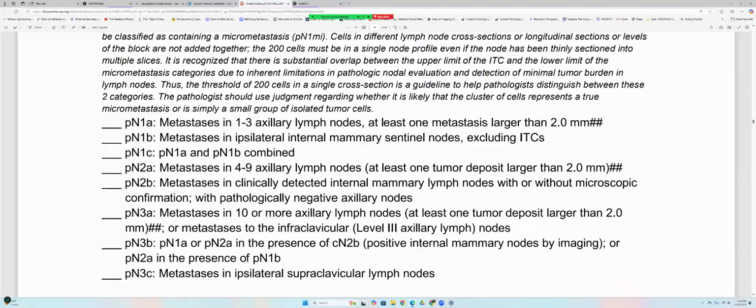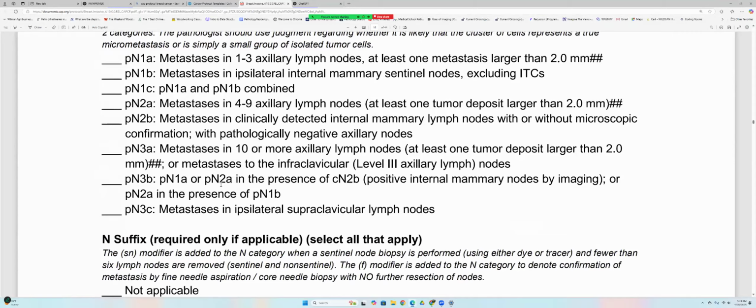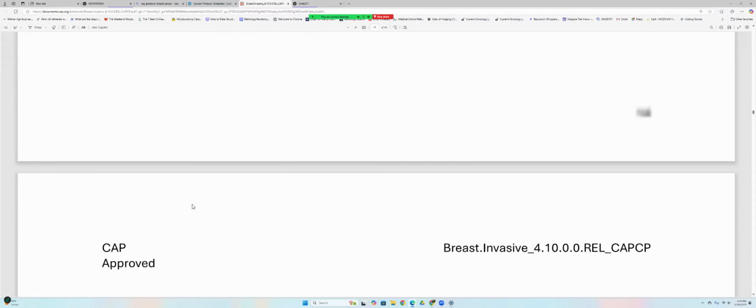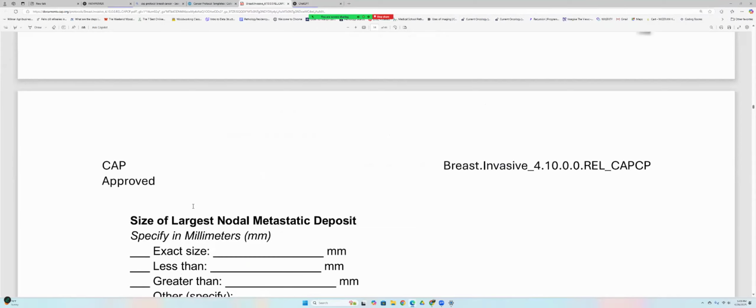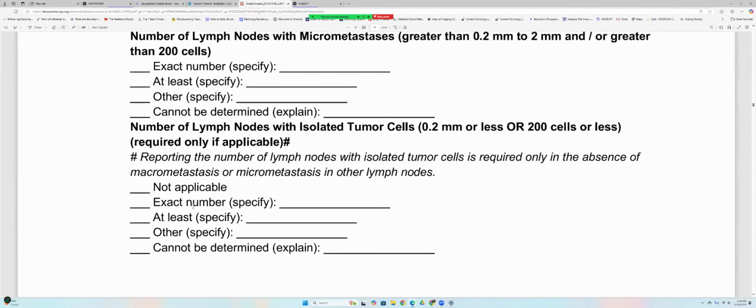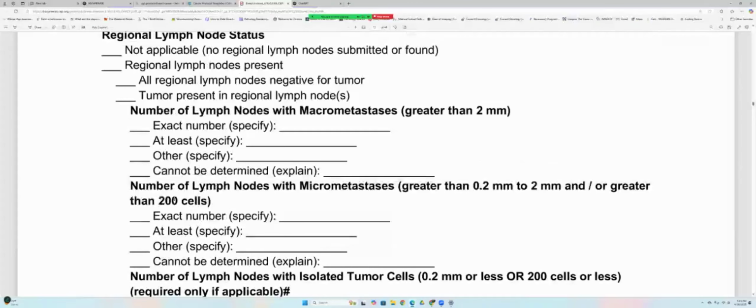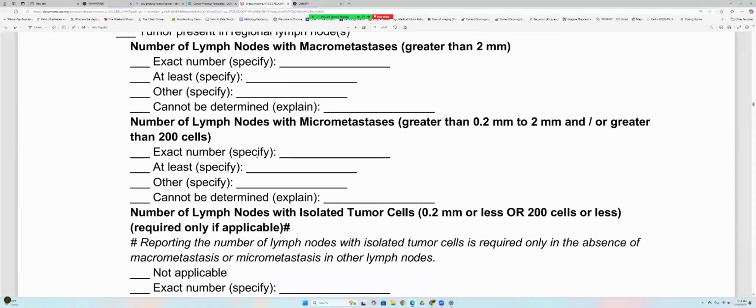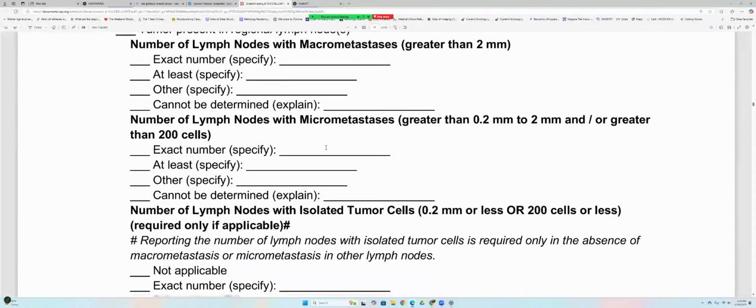Architectural distortion. Yes. There are some important things that I want to look for: the number of lymph nodes involved. Yes, number of lymph nodes involved. What other things? Is this lymph node involvement micrometastasis or macrometastasis?